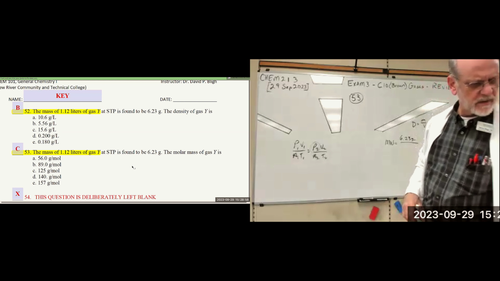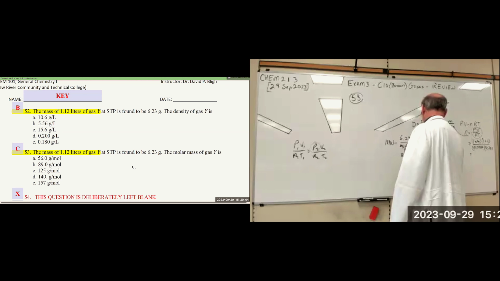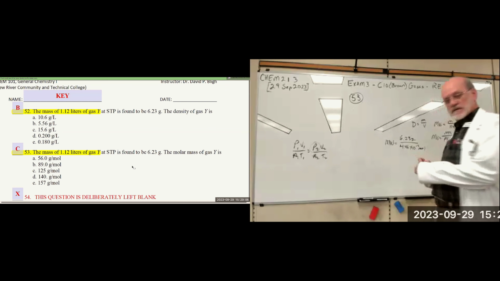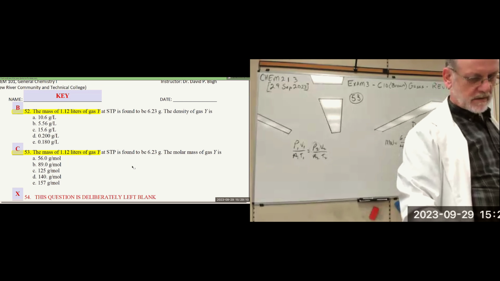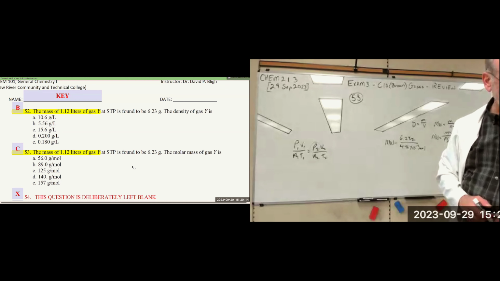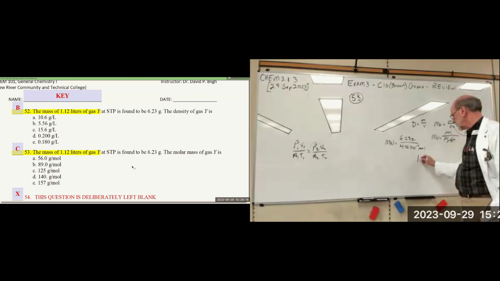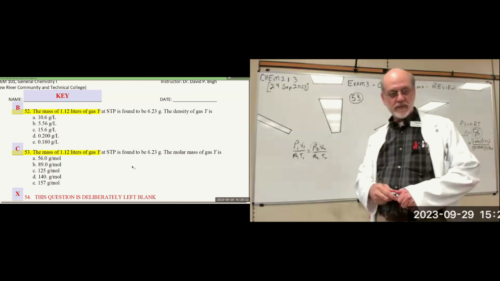Short-term memory. 4.46 times 10 to the minus 2 moles. So we divide that into 6.23. And I get, rounded off, 140 grams per mole. Well, I went around the barn 3 or 4 times for that one.